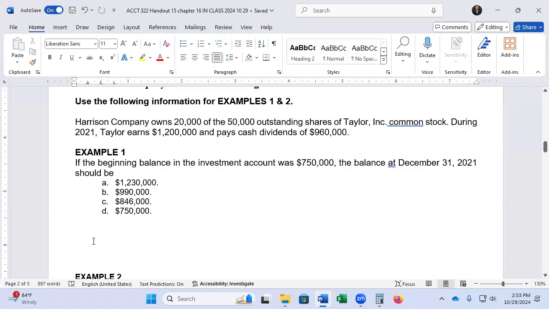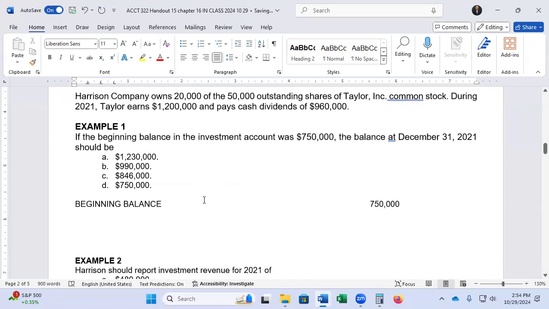And so what we're going to do is say, okay, we had an initial balance that was 750,000. We're going to add our portion of the income.